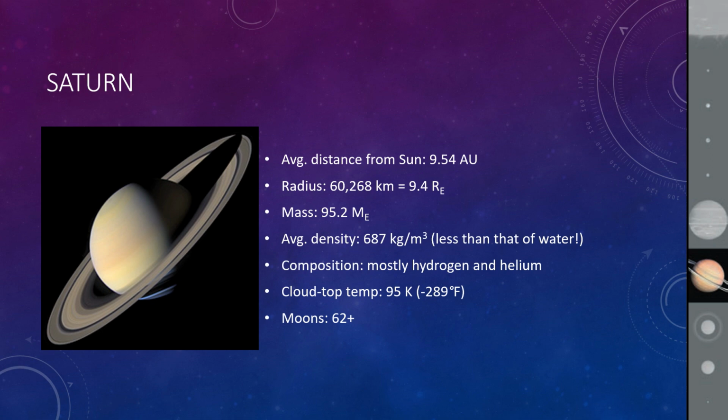Cassini has also taught us more about Saturn's moons, and has revealed that at least 2 moons are geologically active today: Enceladus, which has ice fountains spraying out from its southern hemisphere, and Titan, the only moon in the solar system with a thick atmosphere. Saturn and its moons are so far from the Sun that Titan's surface temperature is a frigid negative 292 degrees Fahrenheit, making it far too cold for liquid water to exist.